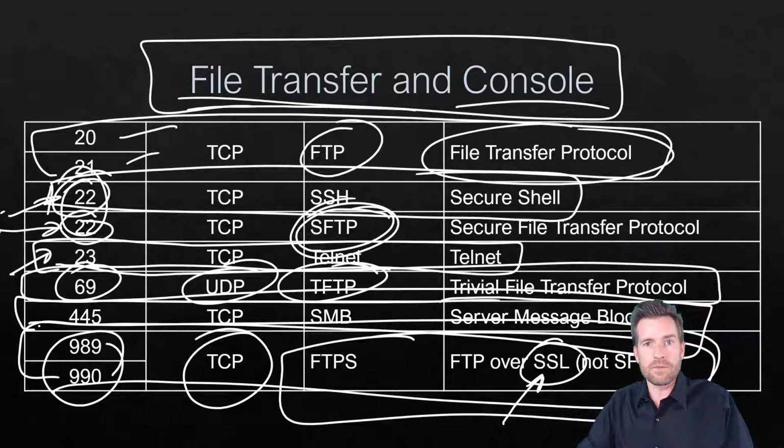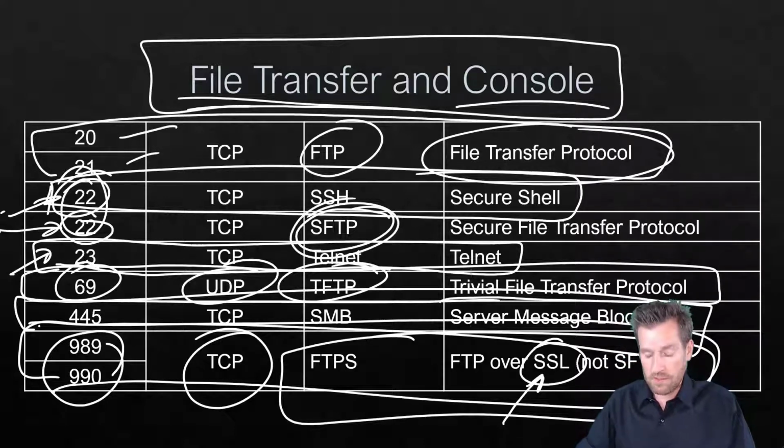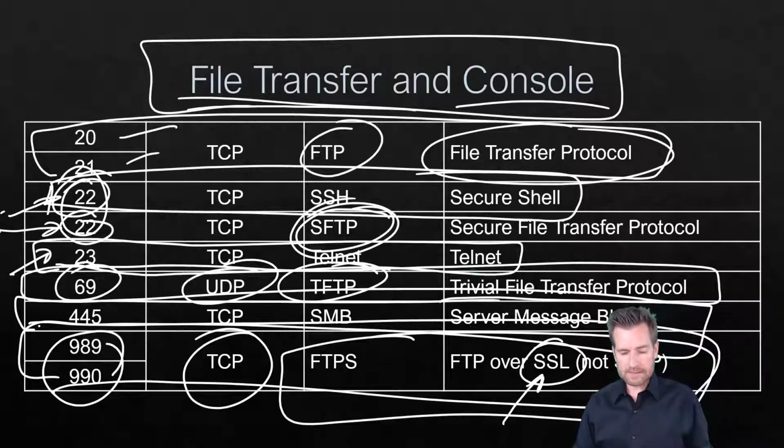You probably have used SMB in the past if you worked with network drives and transferred files back and forth between computers, and just didn't realize it. So those are some examples of file transfer protocols and the port numbers associated with them.